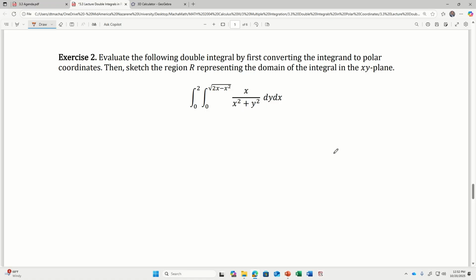Okay, exercise 2 says: Evaluate the following double integral by first converting the integrand to polar coordinates. Then sketch the region R representing the domain of the integral in the xy plane. Integral from 0 to 2 as my x bounds. Y is sitting there between 0 and the square root of 2x minus x squared.